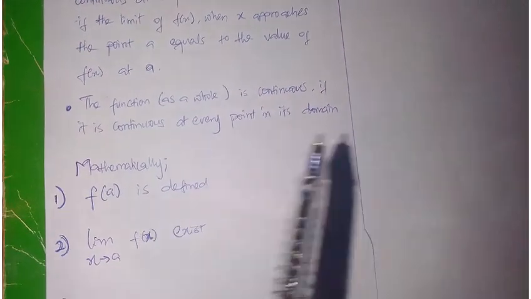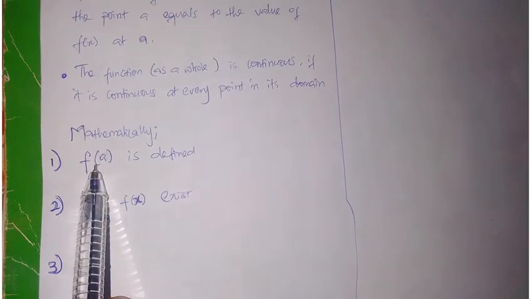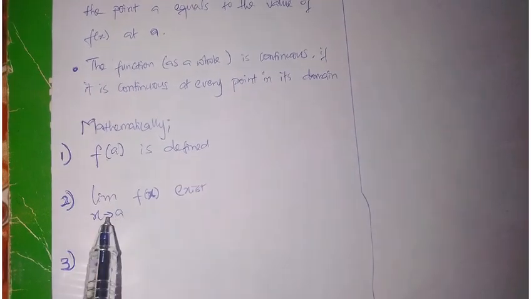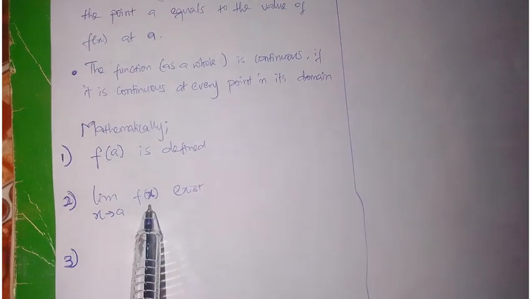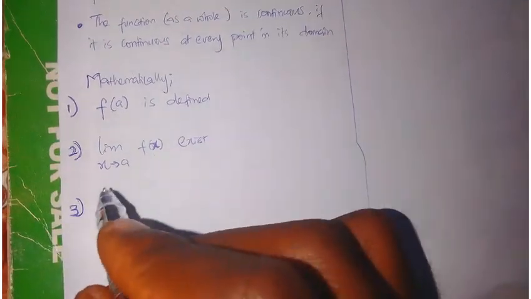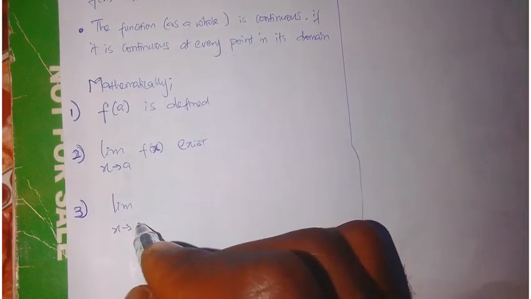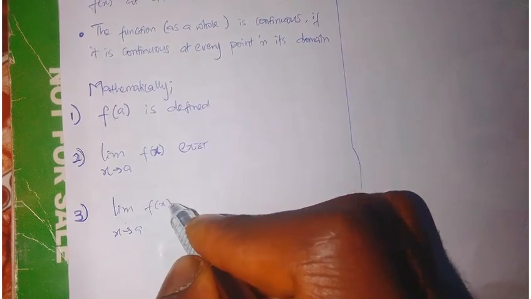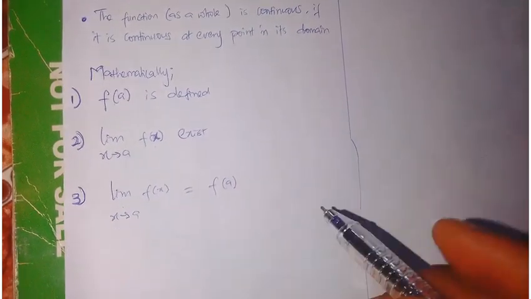The first condition for continuity is that the function at the point given to you must be defined. Number two, the limit as x tends to a of f of x must exist. And number three, the limit as x tends to a of f of x must be equal to f of a.